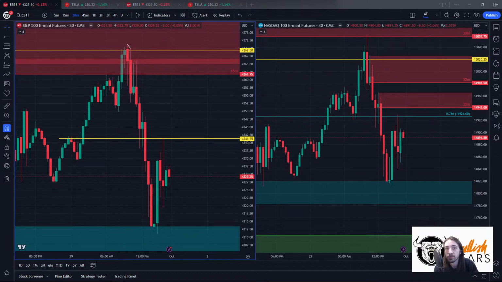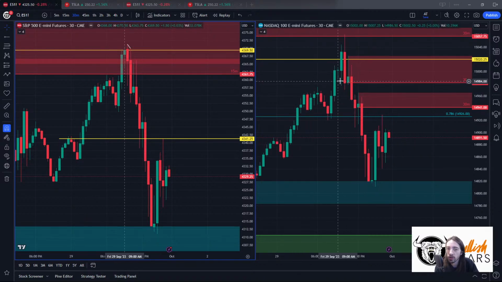So a rapid move between levels is what you're saying creates a zone? Yeah, so it's that strong move, like an impulse move. That impulse move leaves unfilled sell orders if it's a supply zone, because we're moving so fast from that zone. And not only are we leaving those unfilled sell orders, but it was that mass amount of volume that hit that was able to give us a strong move.